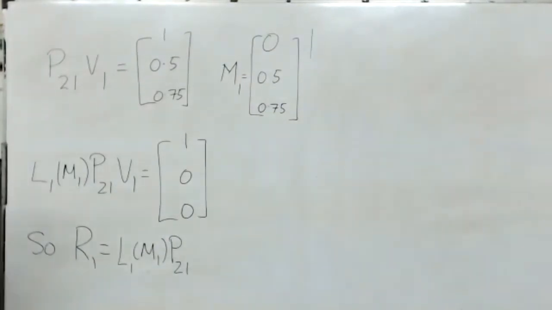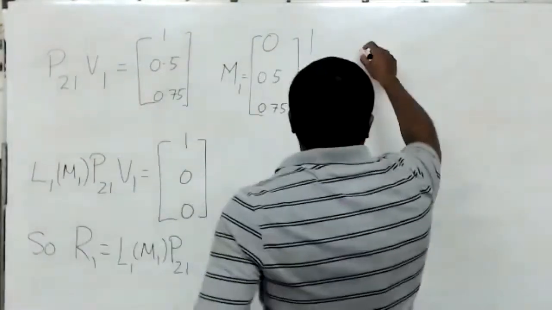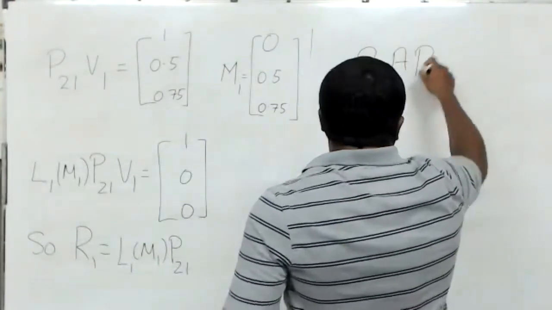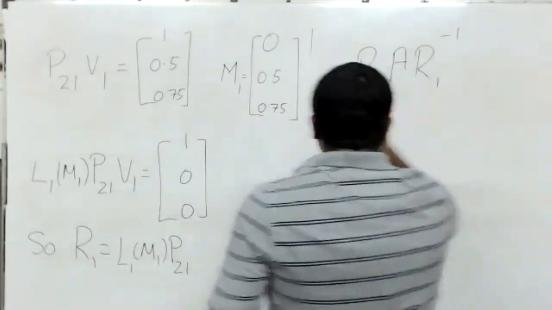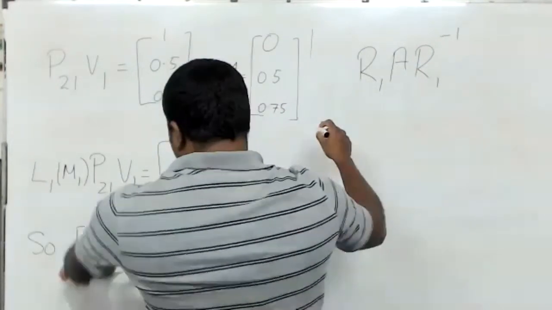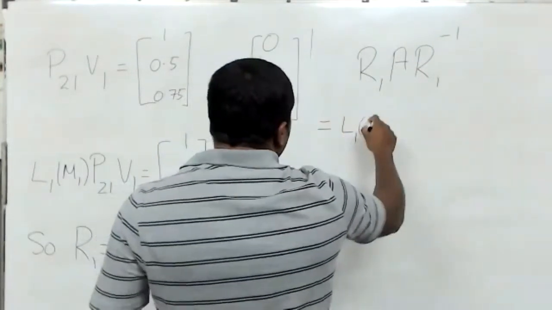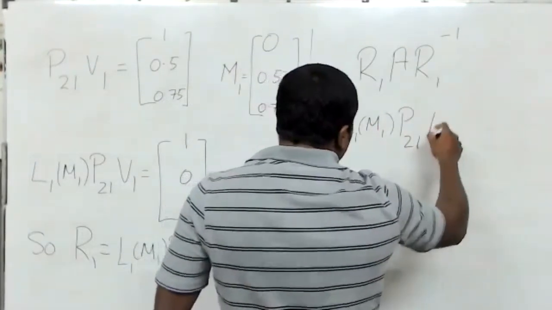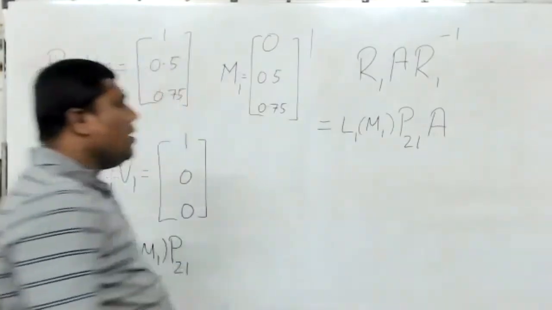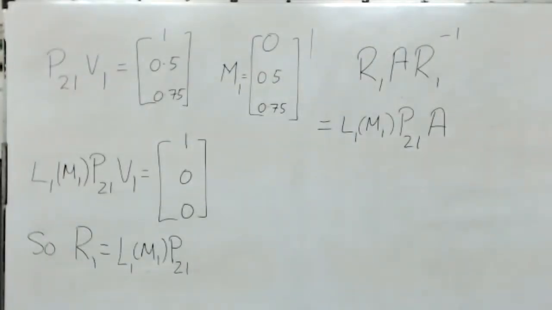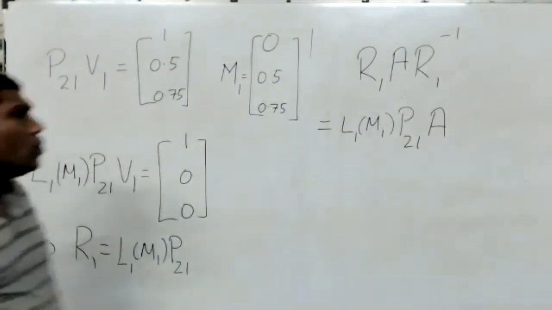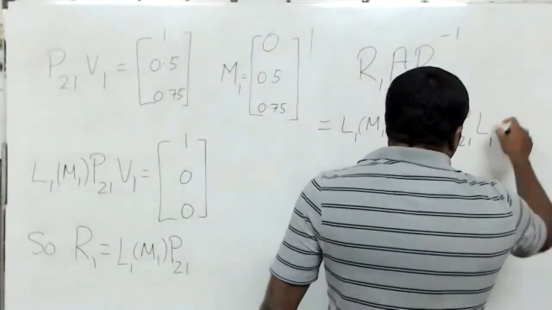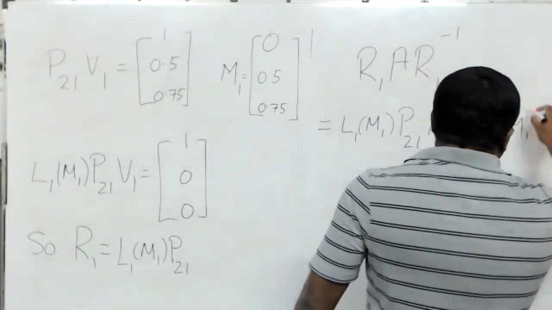You all know R1 is this, L1 M1 P21, A, and R1 inverse is the other way around: P21 and L1 of minus M1.